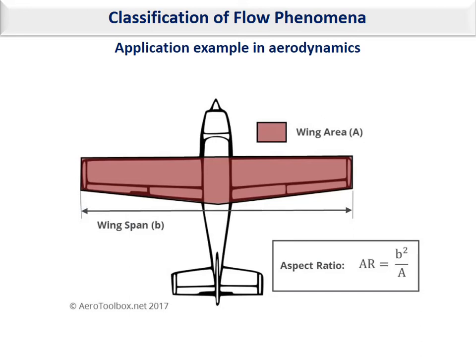Consider here an aircraft. You can see the distance from tip to tip is named the wing span. And there's a definition in aircraft aerodynamics which is aspect ratio. Aspect ratio is the span to the power of 2 divided by the wing area.